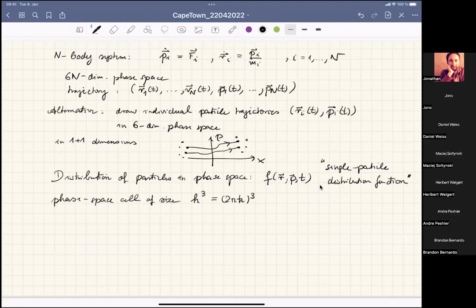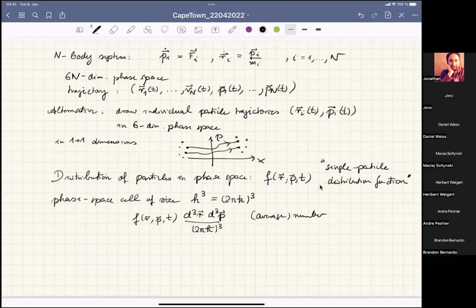Okay, and then if I multiply f with an infinitesimal phase space volume d3r d3p and divide this by the volume of this little unit cell, h cubed, then this is nothing but the average, in parentheses because we haven't really defined anything like averaging yet, but that comes in a moment.